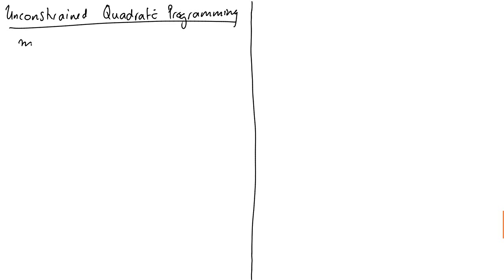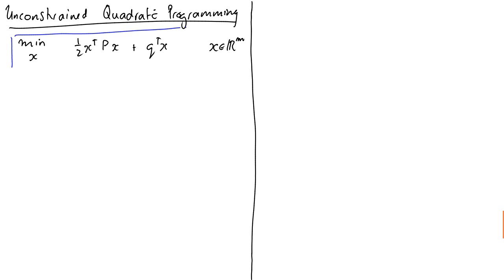So minimize over x 1/2 x transpose Px plus q transpose x. I could add on a constant if I wanted to, and that's all. So we're trying to find a minimum of that. I'll break this down into a number of cases, and we'll see what solutions, if any, we have for each case.